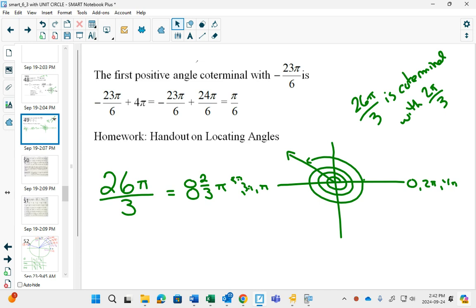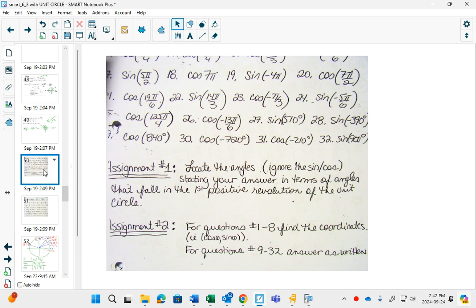Sense. Okay, so there's 2 assignments, and we can do them actually at the same time. Assignment 1 says, locate the angles, ignore sine and cos, stating your answer in terms of angles that fall in the first positive revolution of the unit circle.